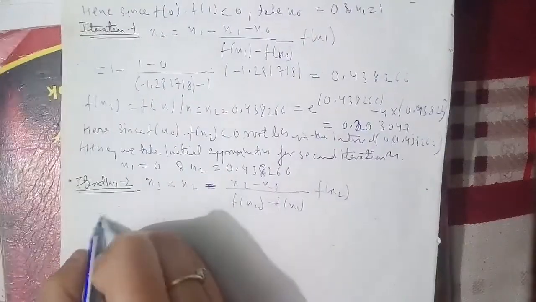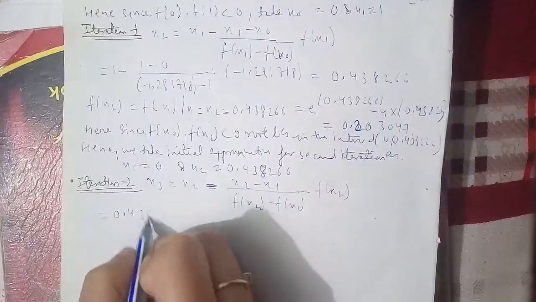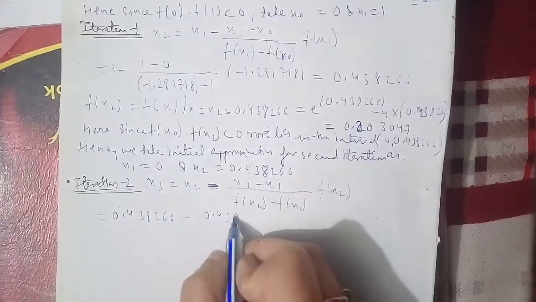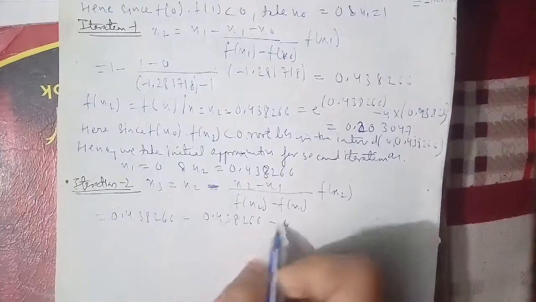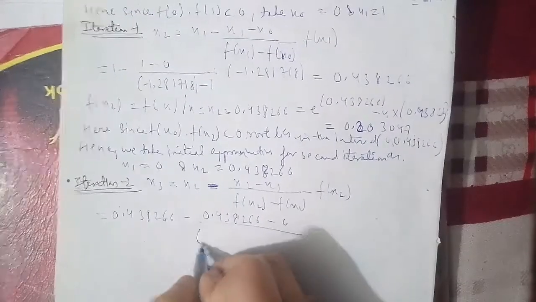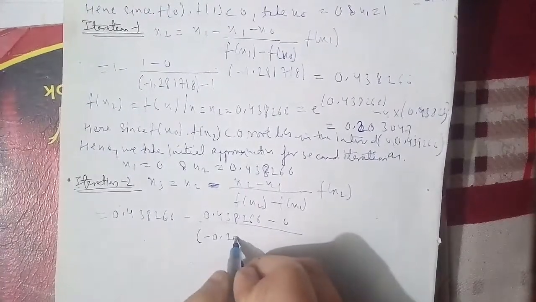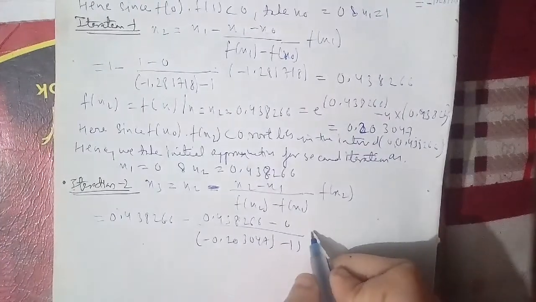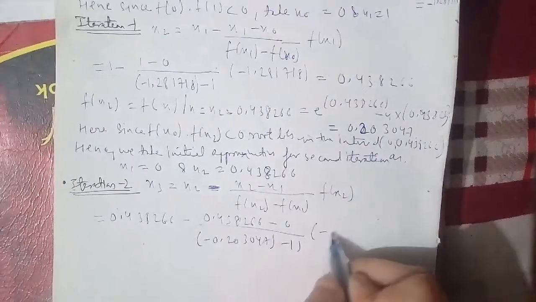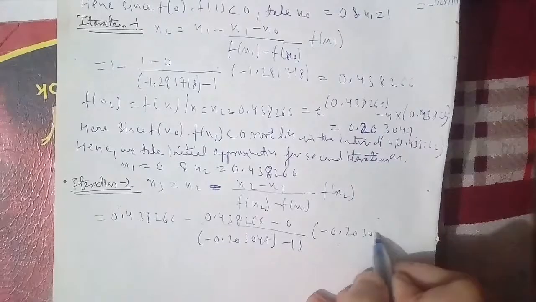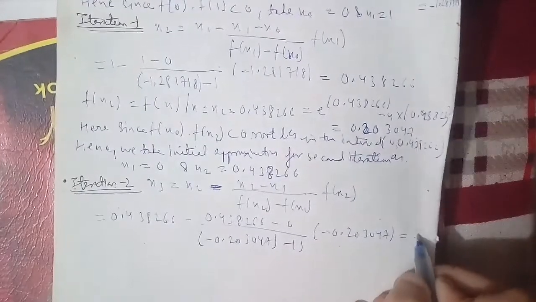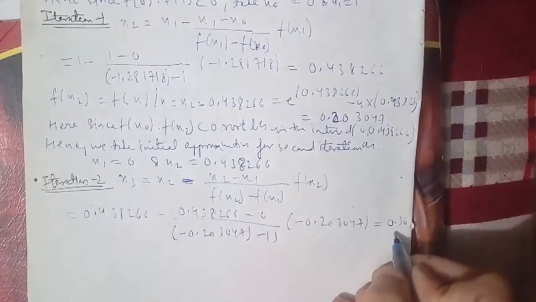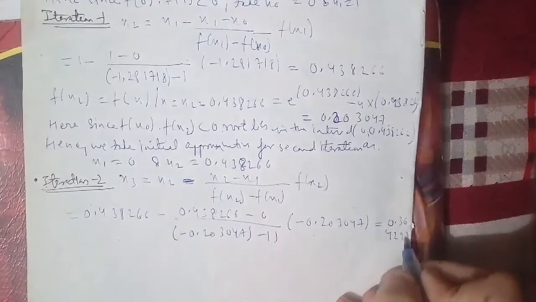When we put in the values, x3 = 0.438266 - (0.438266 - 0) / (0.203047 - 1) * 0.203047, which equals 0.364297.